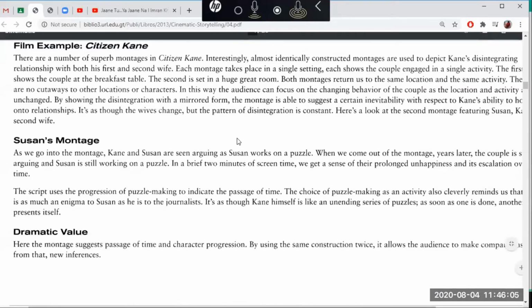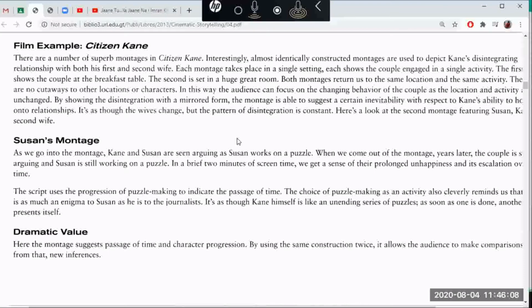So Susan's montage actually shows how things have changed, how characters have learned to argue with each other. So that again relates to what he said about the earlier montage, that disintegration of personal relationship between two characters. And Susan is still working on the puzzle, so the relationship is probably also a puzzle for the two.